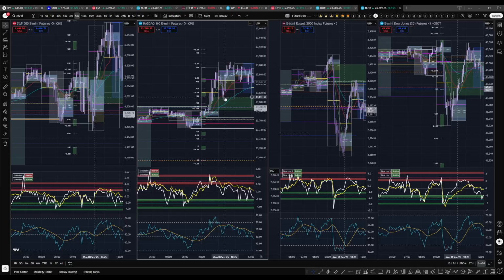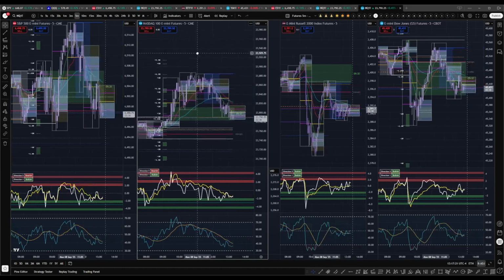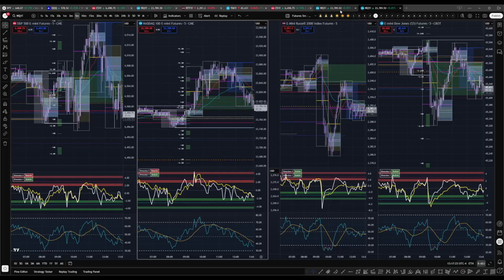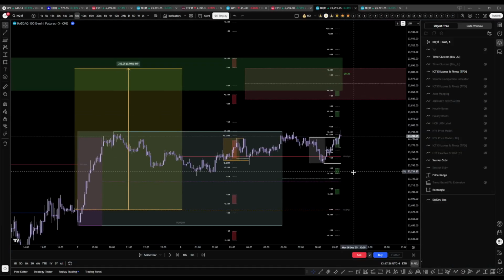The NQ attempted to get down there. It couldn't. Even the ES had some downside this morning, trying to pull everything down, but the NQ just would not give in. So that tells me it tried, but it couldn't get down there. It still doesn't mean we won't get down there at some point today. It just means, for me, I'm not interested in trying to short that.